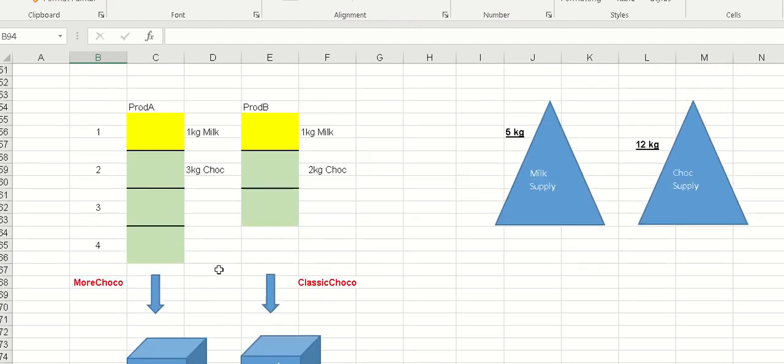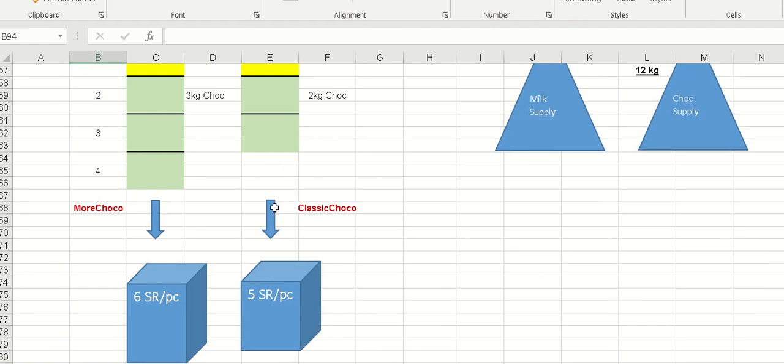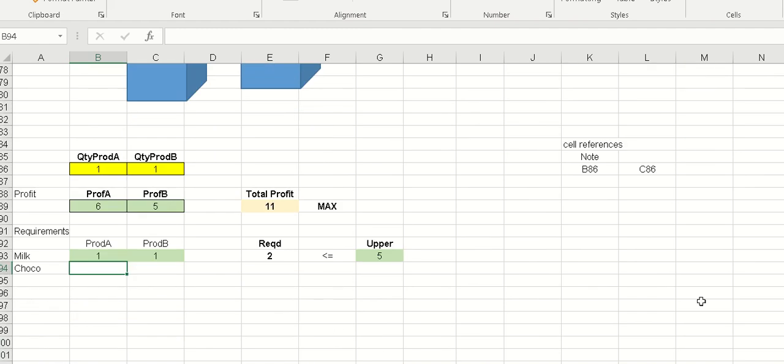The chocolate would be what? The chocolate would be 3 kilograms for product A and 2 kilograms for product B. 3 and 2.